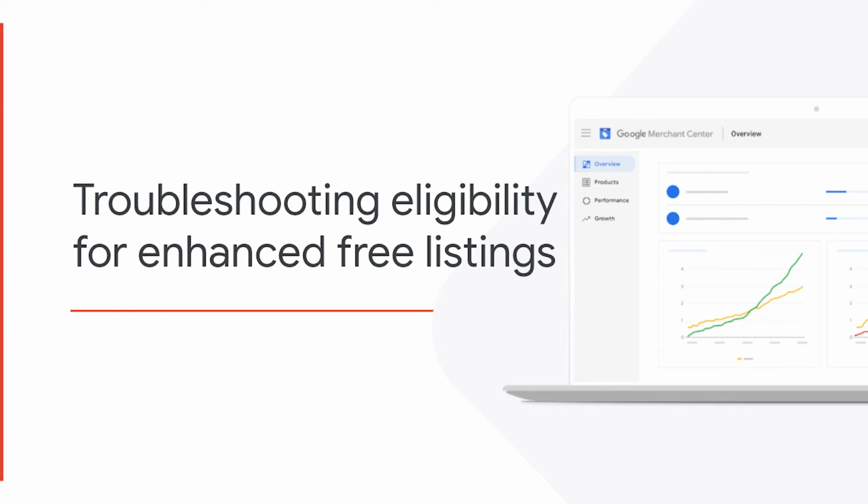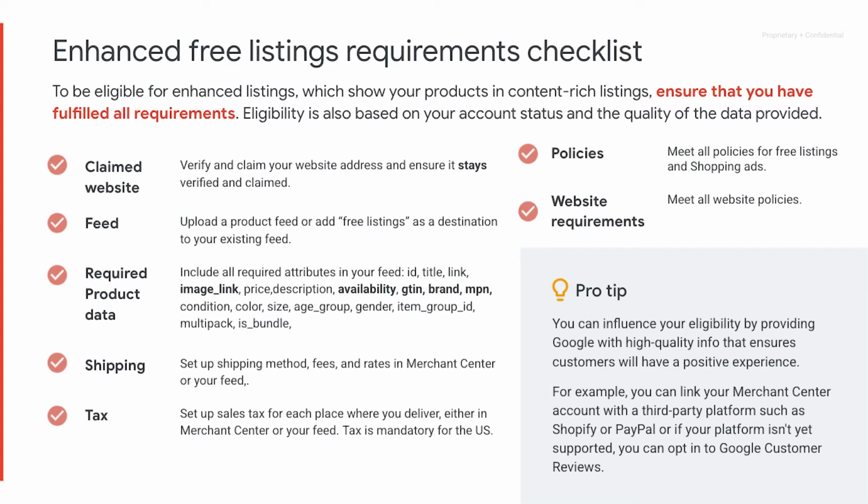Troubleshooting eligibility for enhanced free listings. To be eligible for enhanced listings, which show your products in content-rich listings such as the Shopping tab, you'll want to ensure that you have fulfilled all requirements, including a verified and claimed website, a feed, all the required product data that we discussed in the last session, shipping setup in Merchant Center or in your feed, tax setup in Merchant Center or your feed, and compliance with all policies for free listings, shopping ads, and website policies.